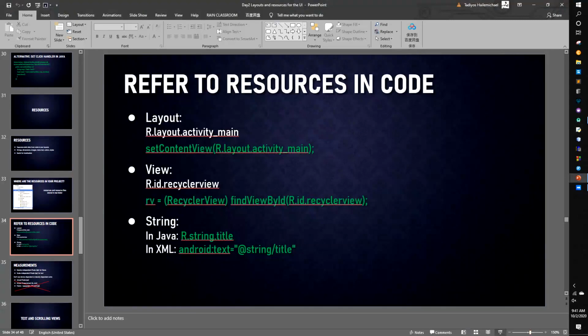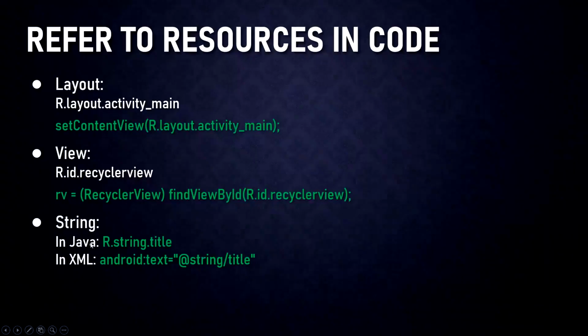The other way is to refer to your string file, for example. We may have multiple string data in your strings XML, right? To specify that, there are two ways. It's a different way to refer in your Java and XML. If you are using it in your Java, you just specify by using R.string, then the title of that string.